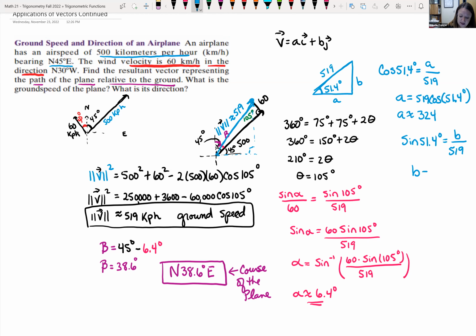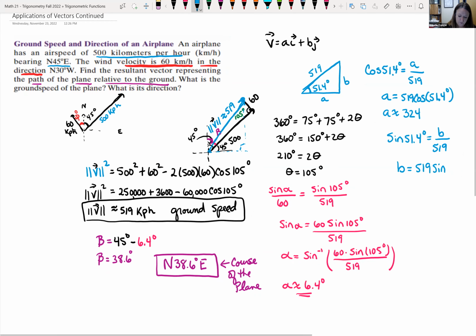So B is equal to 519 times sine of 51.4 degrees. So B is approximately 406.